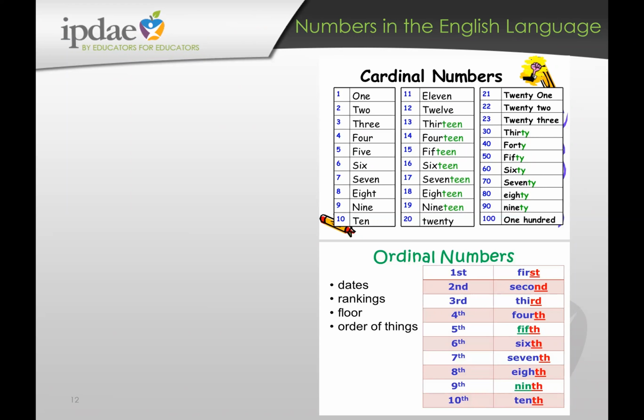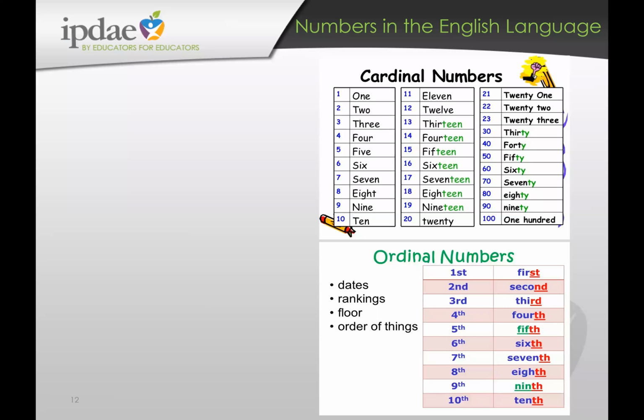Ordinal numbers are mostly used when we're writing dates, when we're ranking. We usually rank our students who finished first, who finished second, okay, or who did the second best or third best. So when we practice those descriptors with the students, we are using automatically ordinal numbers.